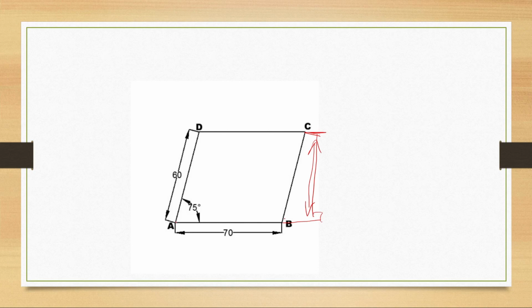As I told you before, just go with the drafter and bisect this side of 70, so somewhere around 35 mm on this side and 35 mm on this side, and then draw a line which goes straight and bisects here.